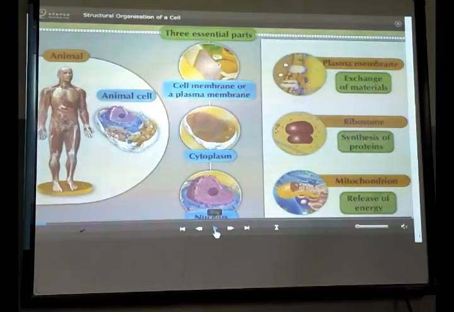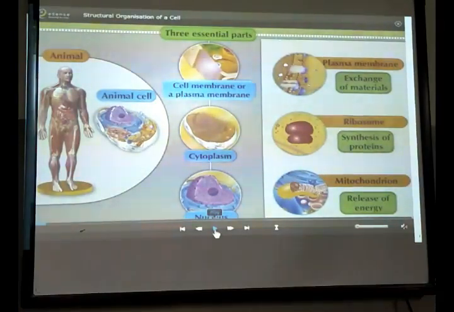As you can see on the screen, the different organelles have different functions. The three essential parts of the cell are the cell membrane, or plasma membrane, then cytoplasm and nucleus. Above these both, first the plasma membrane is given. The function of the plasma membrane is the exchange of materials.